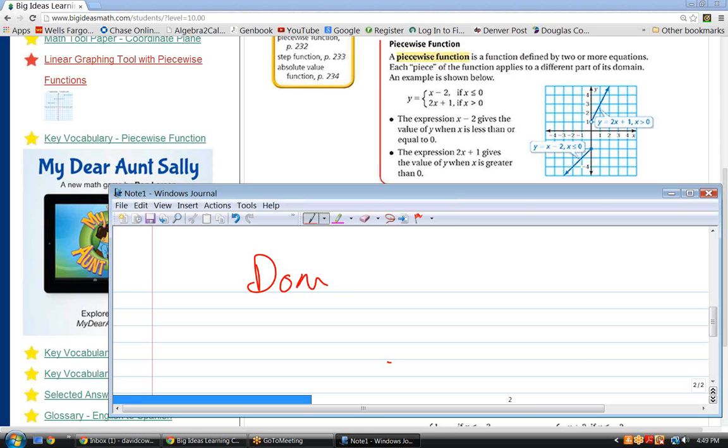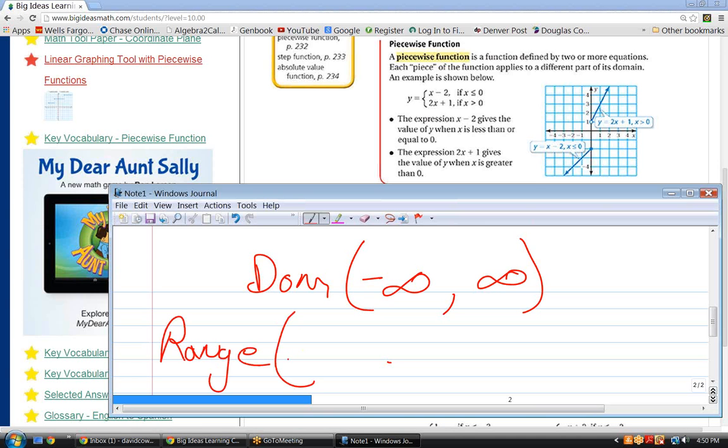Domain. Interval notation is like this. It goes from negative infinity to positive infinity. That's the domain. The range goes from negative infinity to what? To negative 2.